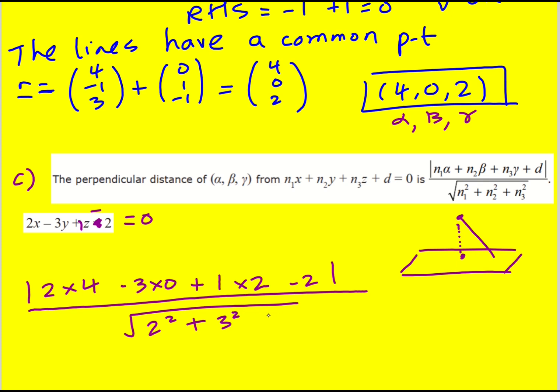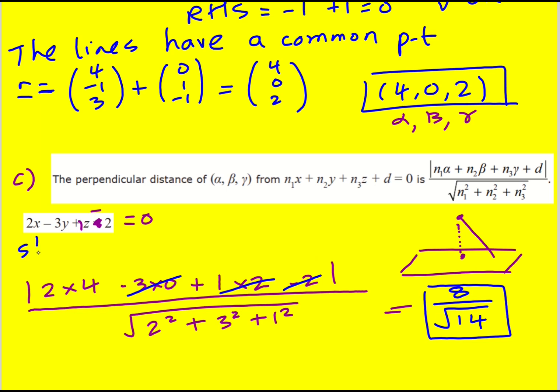That's just the same as 3 squared plus 1 squared. So here the minus 2 and the 2 cancel. The 3 times 0 is obviously 0. So this just gives 8 divided by the square root of 14. And that is the shortest distance from the ground to the nest.